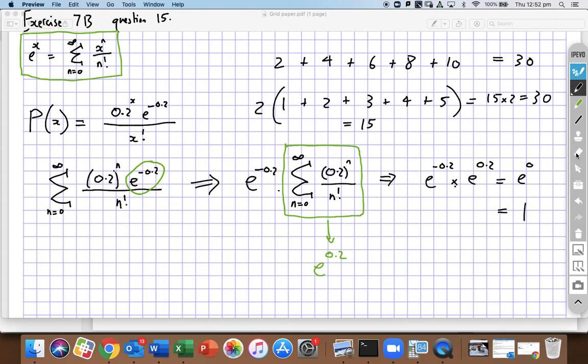So therefore, this probability function will ultimately equal 1, and therefore it's a valid probability function. So your properties of probability distributions are that they would add up to equal 1.